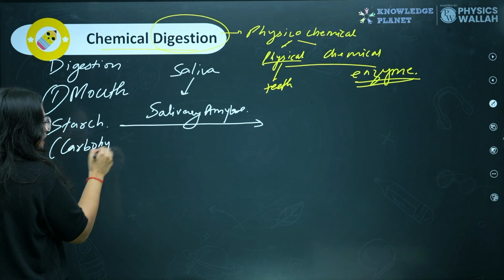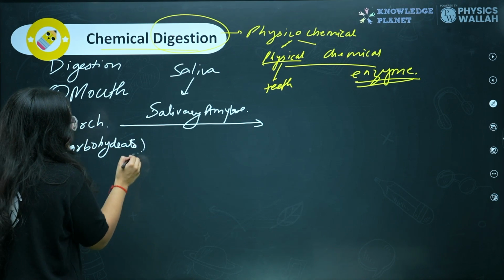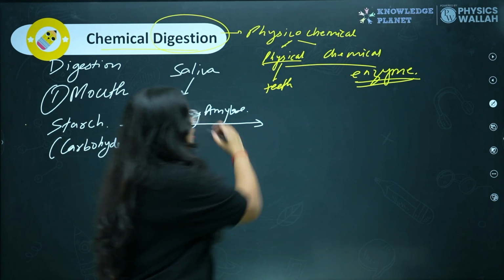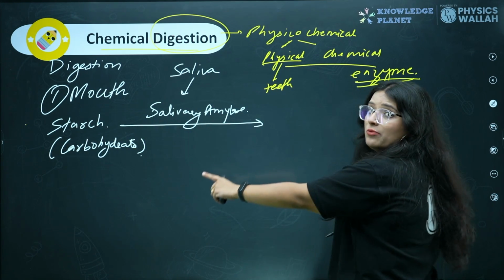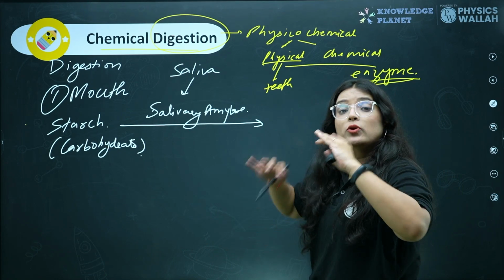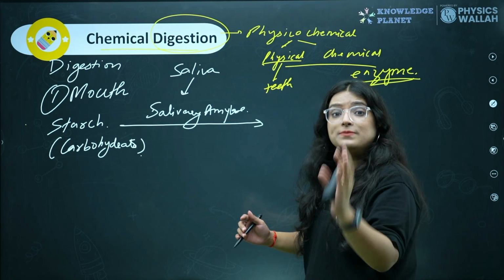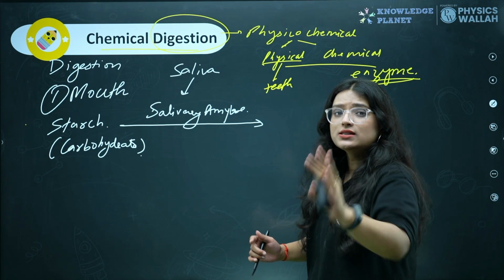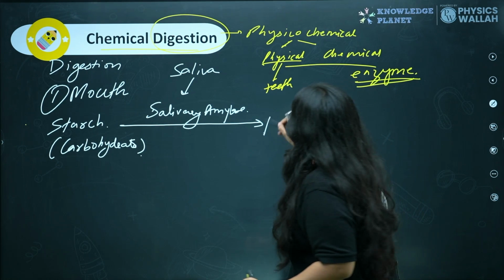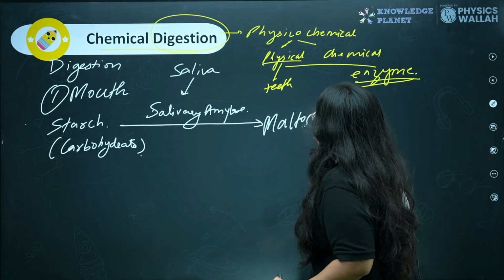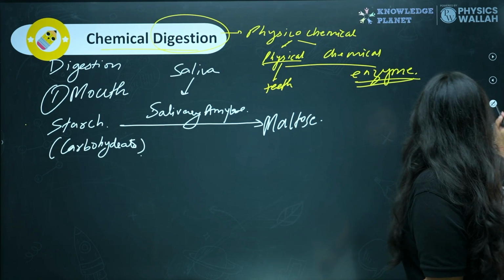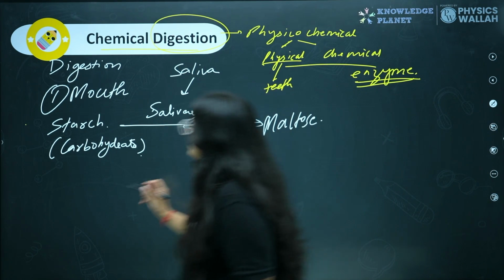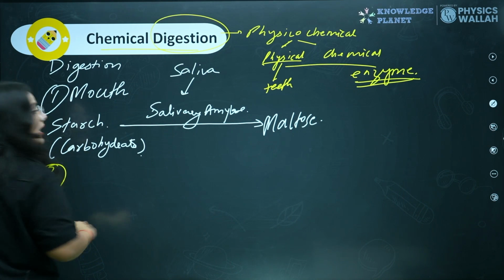So first digestion of carbohydrate takes place in the mouth, where the starch is broken down into a simple substance. I am not saying the simplest, remember, it's the simple substance which is maltose. Alright, next, in the esophagus no digestion takes place.